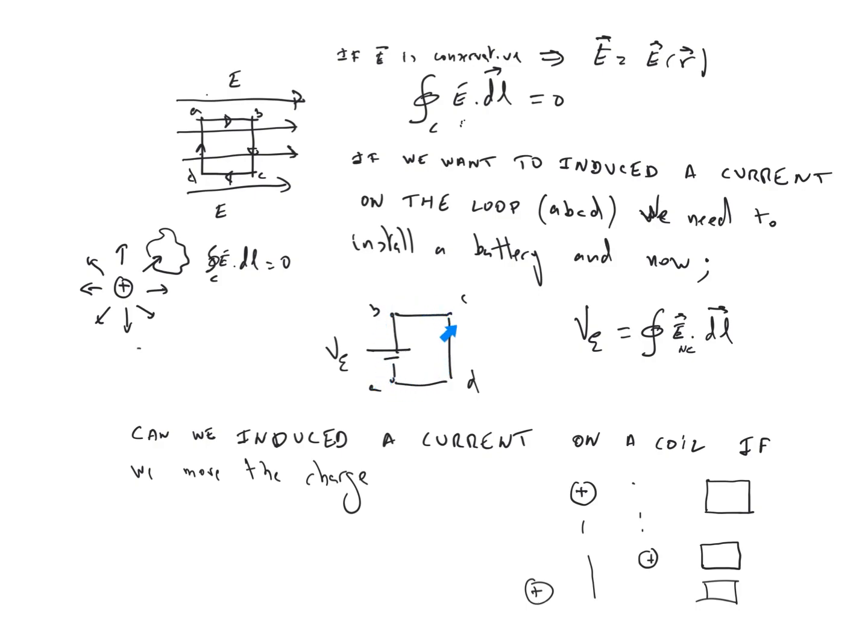From A to A, the charges keep moving around the loop because this battery is supplying energy per unit of charge all the time. So in this case, the circulation of E scalar dl is not zero. It is the energy of the battery per unit of charge.